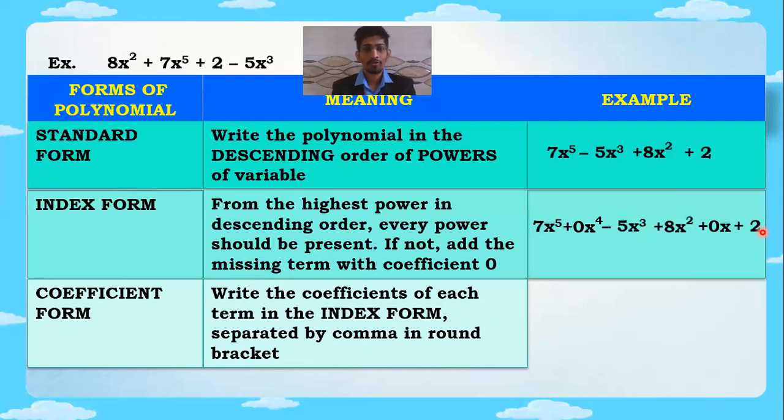That means for converting polynomial into coefficient form, we need to write that in index form first. It is compulsory. Okay, and once we have converted into index form, then we'll write that in coefficient form.